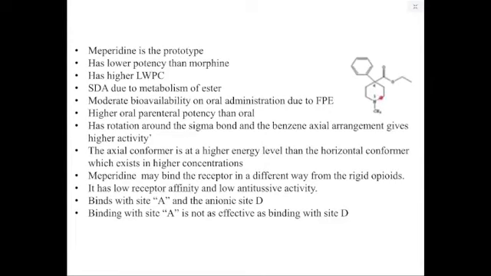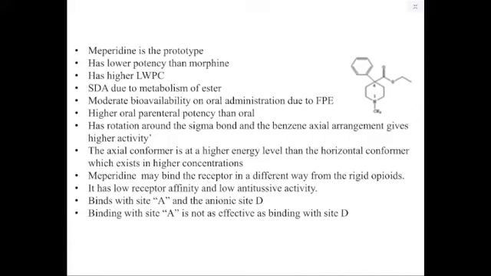When you look at meperidine, that structure is the prototype. It was found to have lower potency than morphine. It was found not to interact with the receptors as well. Remember we talked about receptors: receptor D, receptor C, receptor B, and receptor A. It was found not to interact so well with receptor D, receptor B, and receptor C as morphine.